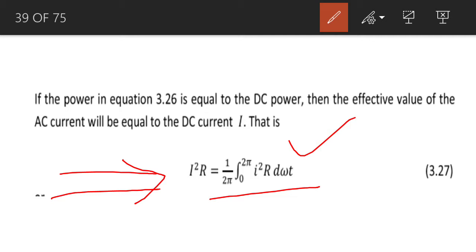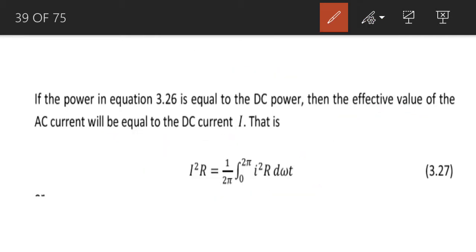And as these two powers are equal, this is why the effective value of the AC current will be equal to the DC current I. This is why the effective value of the AC current is a constant value, because we compare this AC current with the DC current, and DC current is always constant with respect to time.